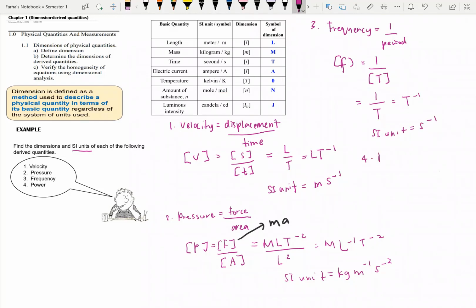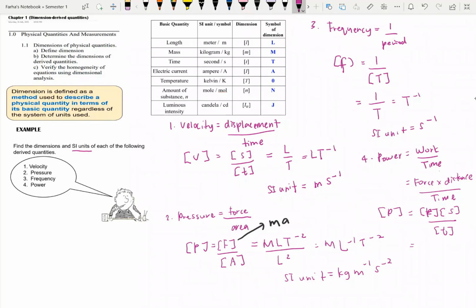Okay, so the next one is power. Power equals work over time. Okay, work is equal to force times distance. Okay, and time. So we square bracket all the physical quantities.